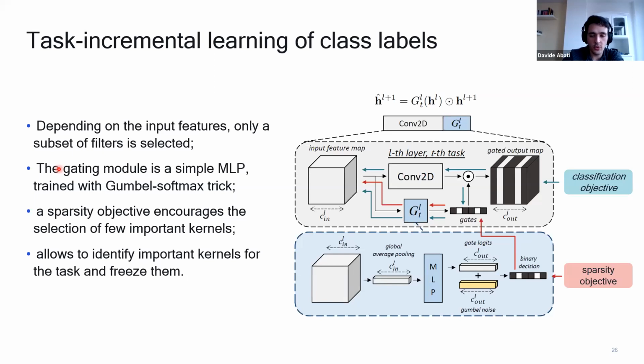But compared to the convolution, it's irrelevant, because what we do is we pool the input feature map, so this becomes just a vector, with just one by one spatial locations, and let's say this is 64 channels. We have an MLP with just one hidden layer.